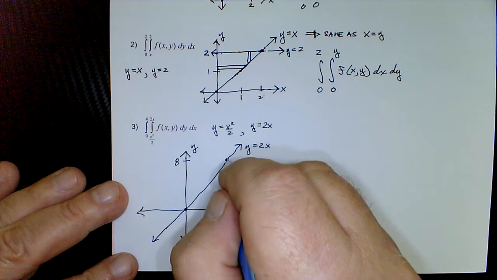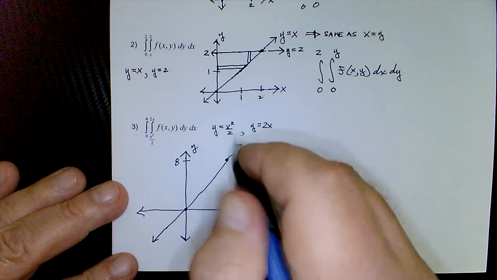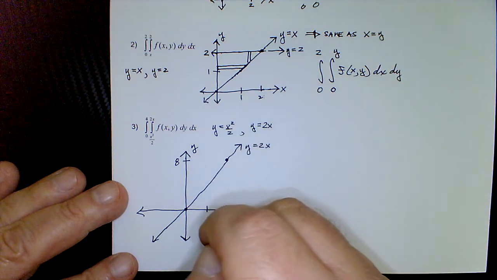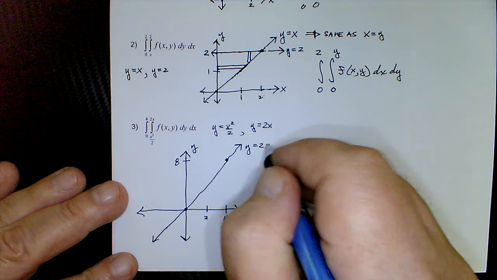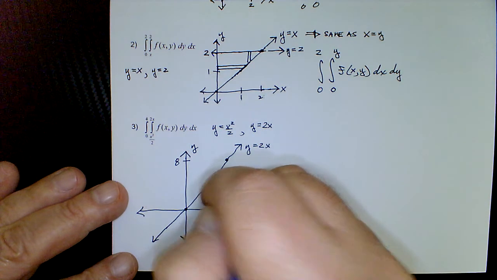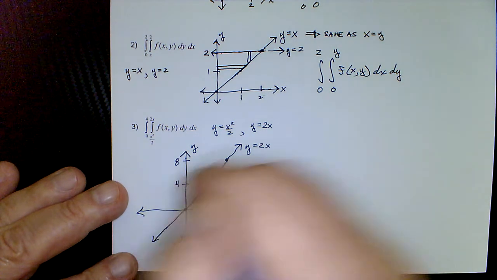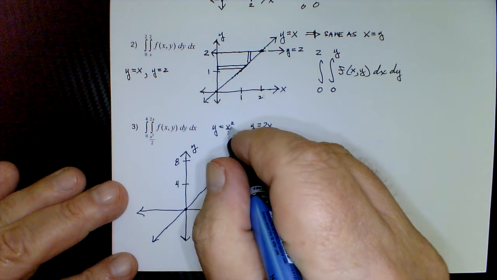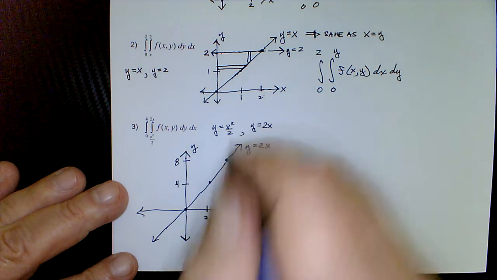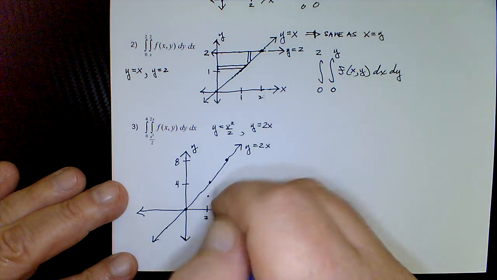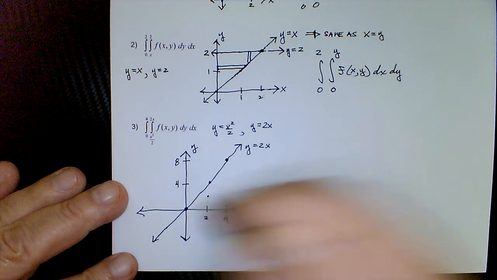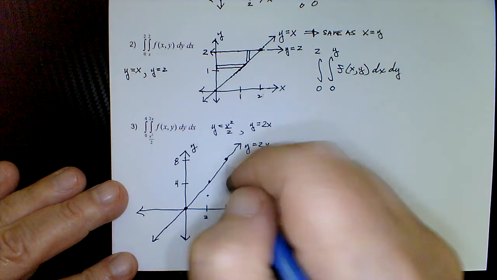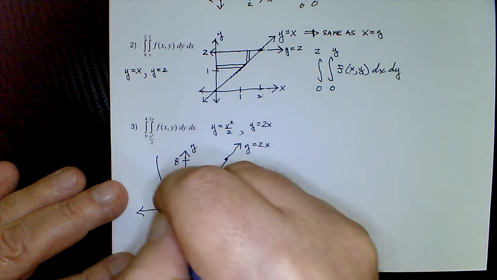So we already said about the 4. Let me see, what if I'm at 2? If I'm at 2, the line is at 4. Where's the parabola? 2 squared is 4 over 2 is 2. So I'm down here. Then it goes through the origin, and then symmetry. So let's just draw it.